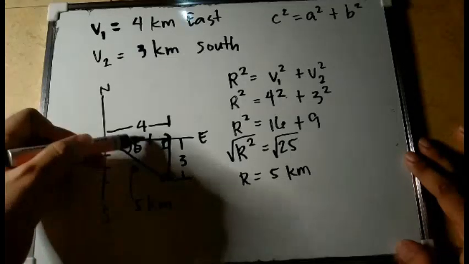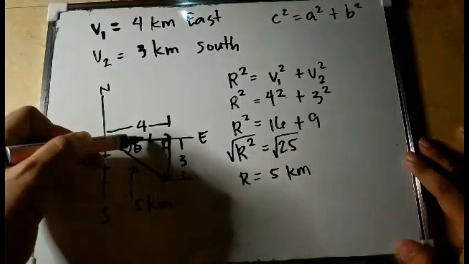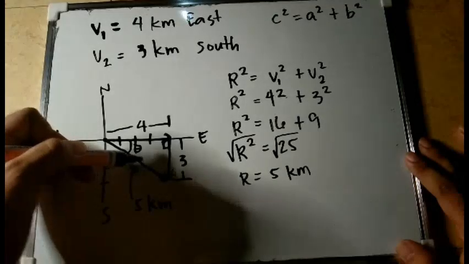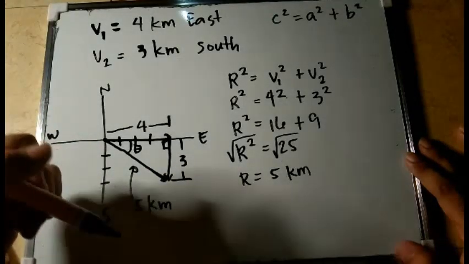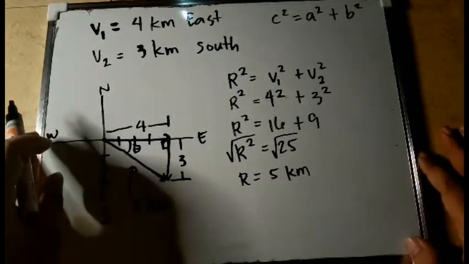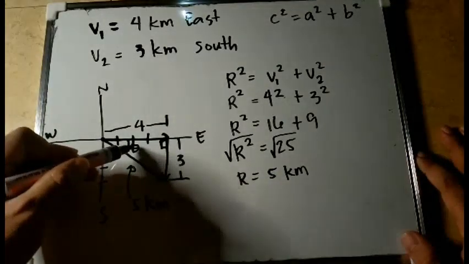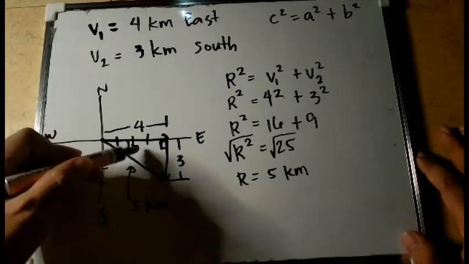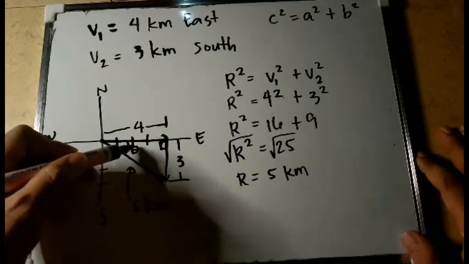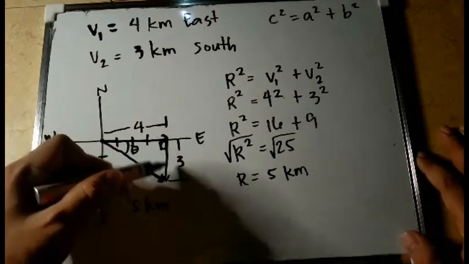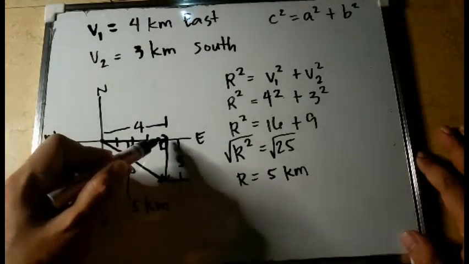Okay, south of east. So that means from east to south. Okay, south of east or east to south, same lang yun. Okay, so meron tayong involved na theta. So alamin natin theta, yung angle.